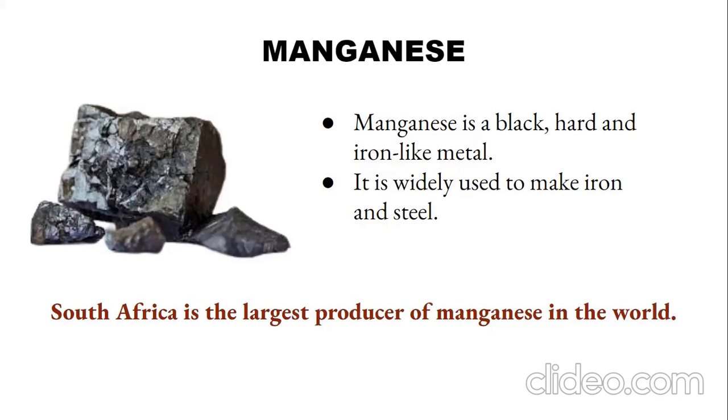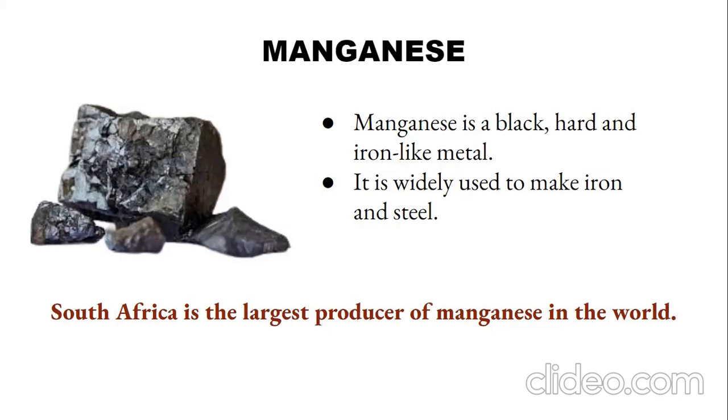South Africa is the largest producer of manganese in the world. Other manganese producing countries are China, Australia, Gabon, Brazil, and Malaysia. In India, manganese deposits mostly occur in Maharashtra, Madhya Pradesh, Odisha, Andhra Pradesh, and Karnataka.